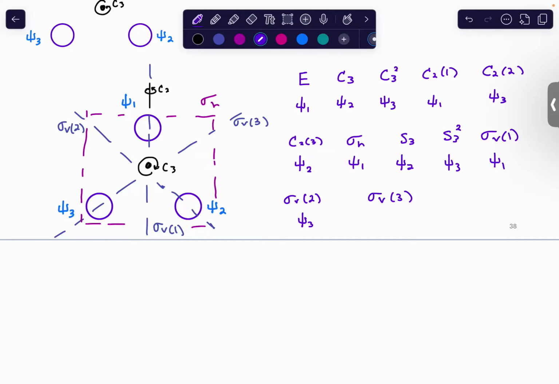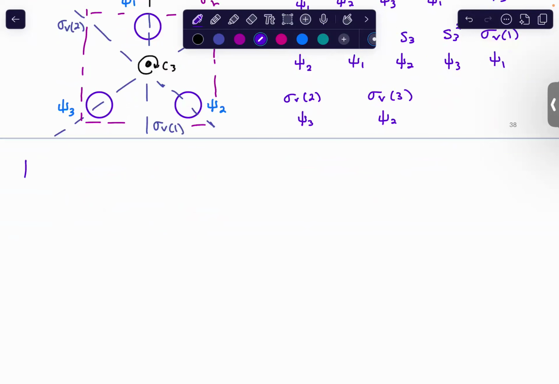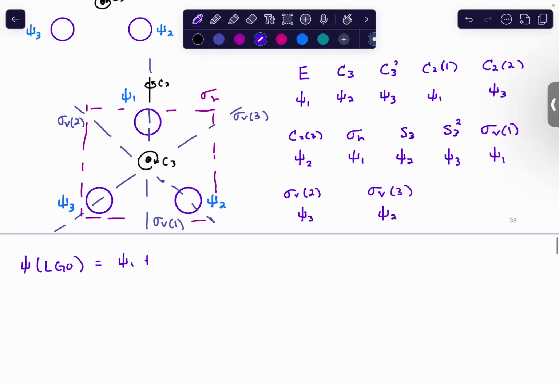And sigma V3, psi 2. So what we have here is when we add all these together, the size for this ligand group orbital can be, so we're just looking at these in order.